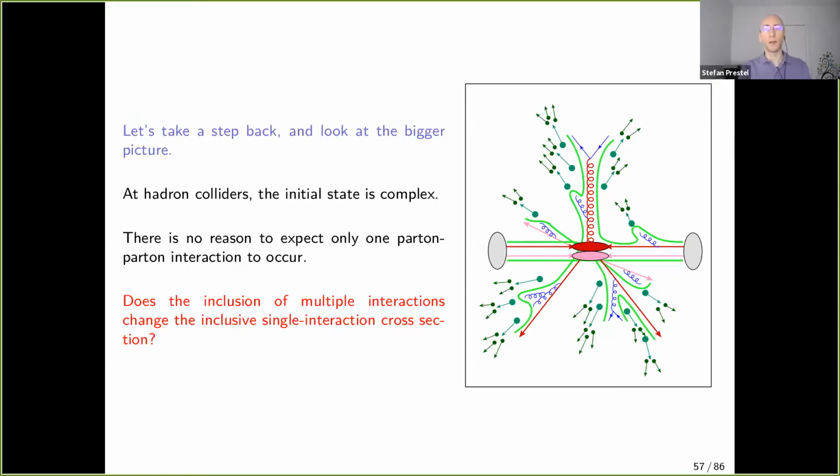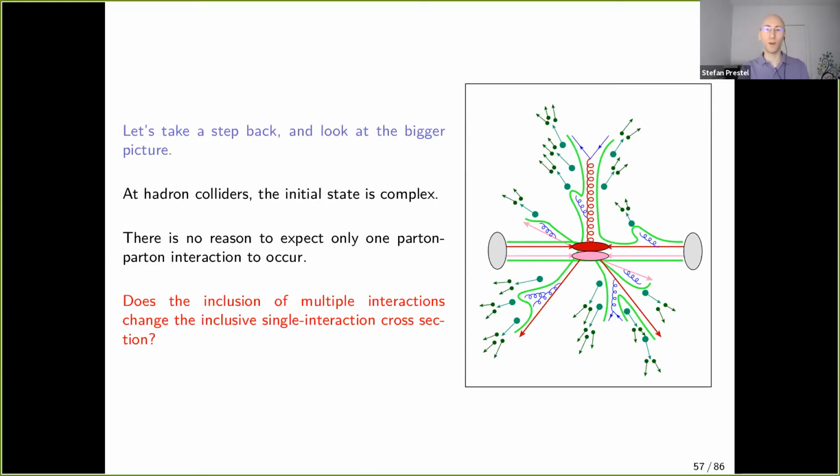And cross-sections themselves, the cross-sections that we calculate in fixed order perturbation theory, are defined in exactly this way. Whenever you look into Peskin and Schroeder, and you look at how a cross-section is calculated, you will always find the ominous plus X somewhere.